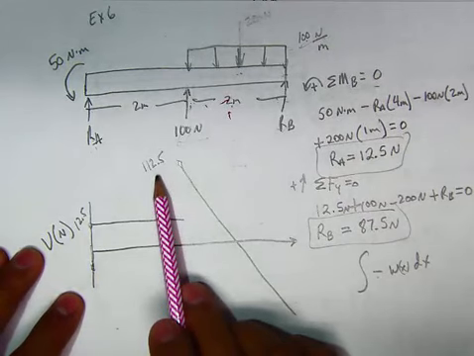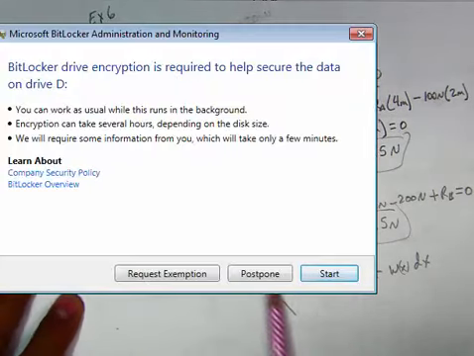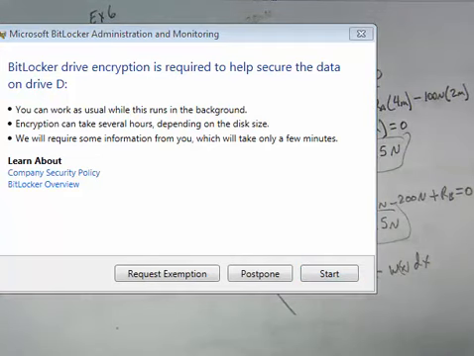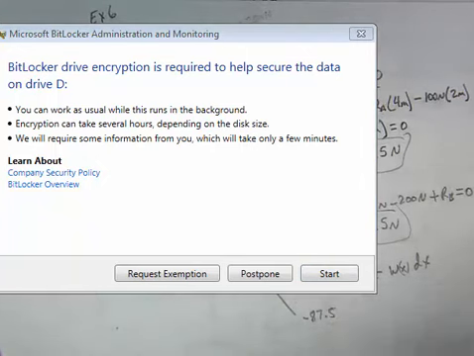So we subtract 112.5 minus 200, and that gives us a negative 87.5. There you go. Which makes perfect sense because our last jump, oops, I'm sorry. What the heck is this?